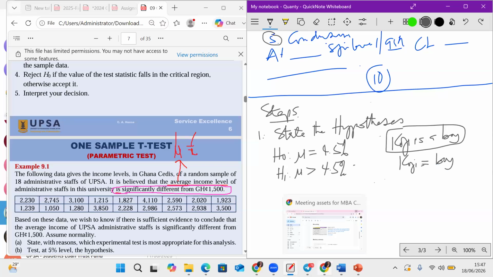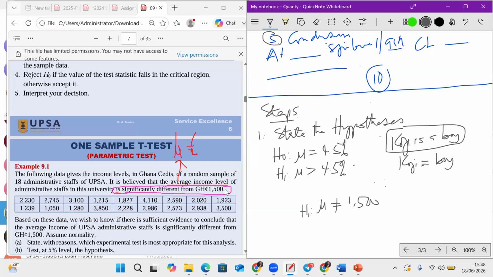Do you understand it? Yes. So here it says the income level is significantly different from 1,500, meaning that it is not 1,500. That's the alternative. So here the alternative hypothesis will be the mean is not 1,500. It said it is significantly different from 1,500. If it is significantly different from 1,500, it means it can be more than 1,500 or it can be less. Are we good?